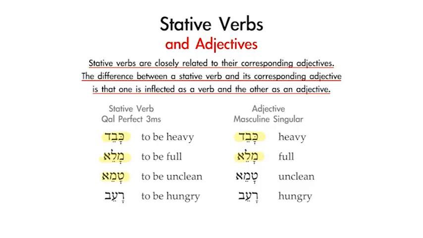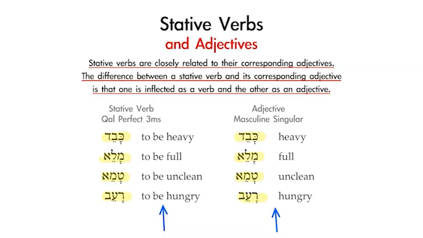The stative verb tame, to be unclean, and the adjective tame, unclean. The stative verb ra'ev, to be hungry, and the adjective hungry. The stative verbs will be inflected with perfect afformatives. The adjectives will be inflected with adjectival endings, the ah, im, or oth of the adjectival inflection. And that's how you'll tell the difference.